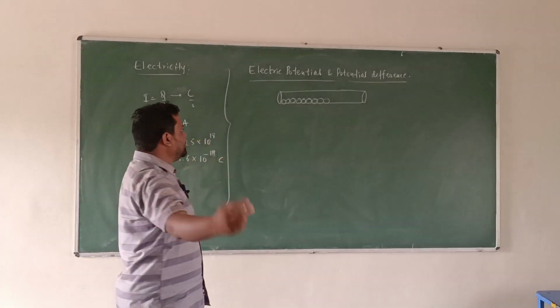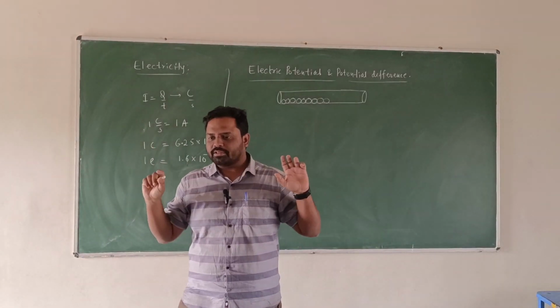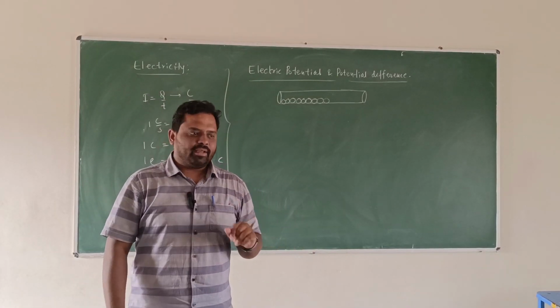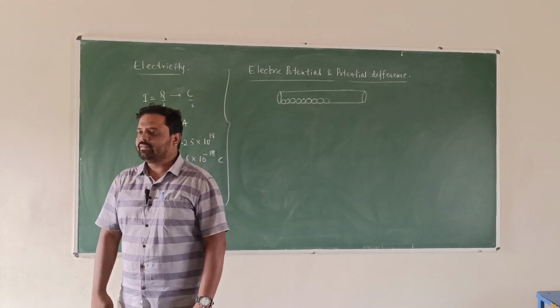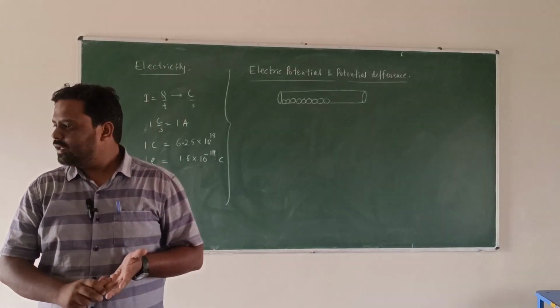Okay. Now, when I keep this pipe exactly horizontal, not inclined this side, not inclined this side, tell me, will the marbles move? Will the marbles flow in this direction or this direction? No, correct?